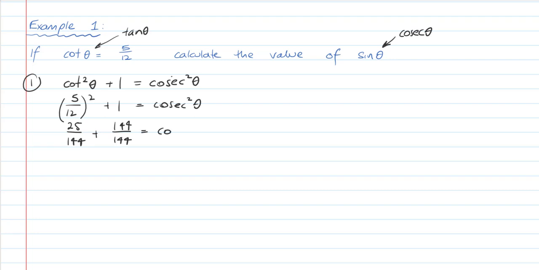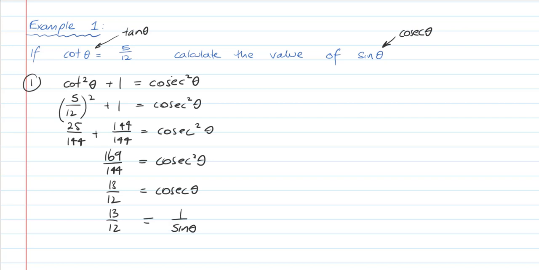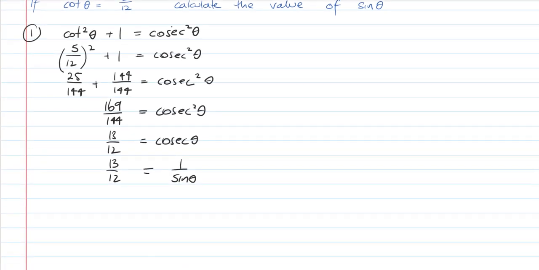You'd have a calculator now probably, although there is a tech-free exam, and you could certainly do this in a tech-free exam, because this is 169 over 144. And we take the square root of that, we get 13 over 12 equals cosec theta. But remember, cosec theta is 1 over sine theta. And so now if we reciprocate both sides, we get sine theta is equal to 12 over 13.